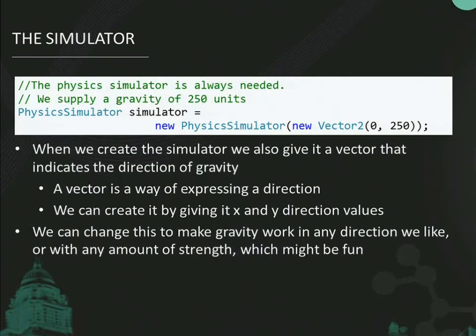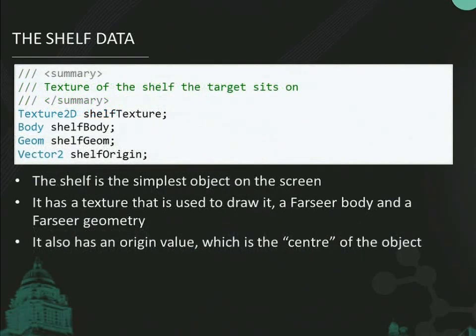Make it minus 250, and the ball will now go towards the top of the screen rather than the bottom, which is kind of fun. You can play with these things. But as far as I'm concerned, first round, keep it simple. Gravity goes down, and there's no wind. Okay? Absolutely fine.